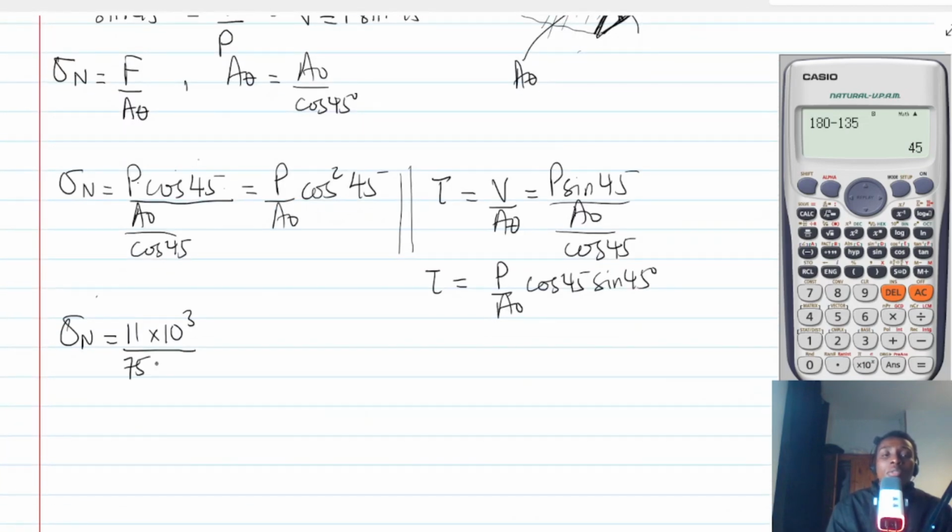So let's pick our calculators and calculate the normal stress: 11 times 10 to the power 3 divided by 75 times 150, multiplied by cosine 45 squared. And what is that?